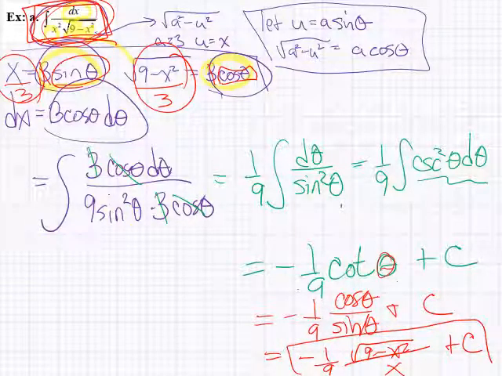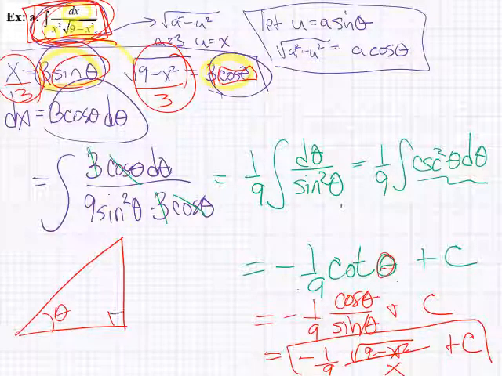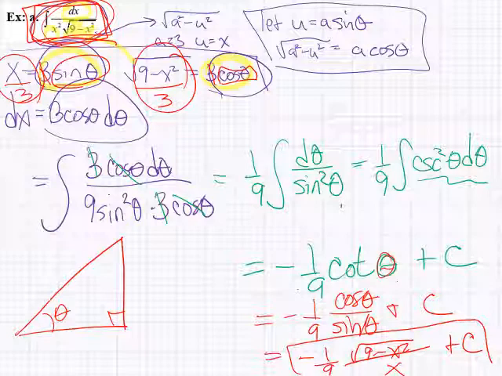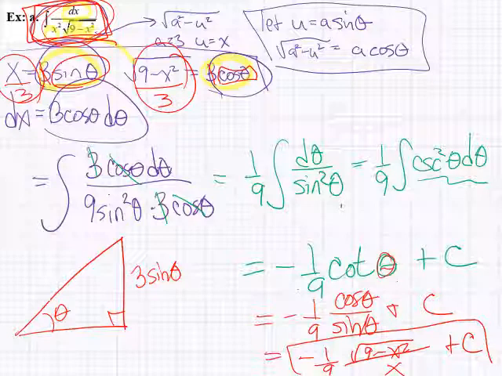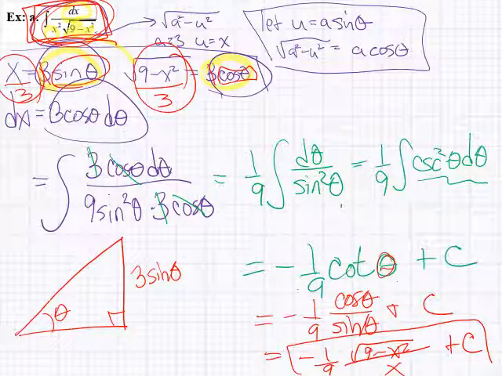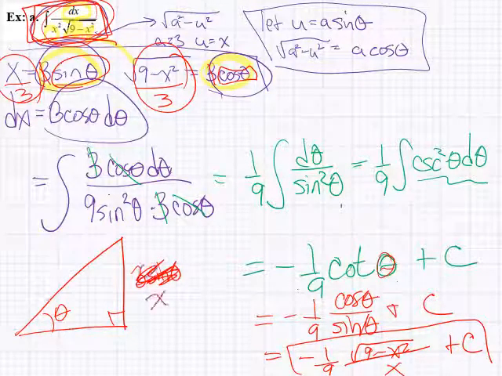There's another way we can do this. Remember, there was that triangle. Here's theta. It's a right triangle. Here was u, which in this case was 3 sine theta. Right, that was your u, which in our case, u was x.